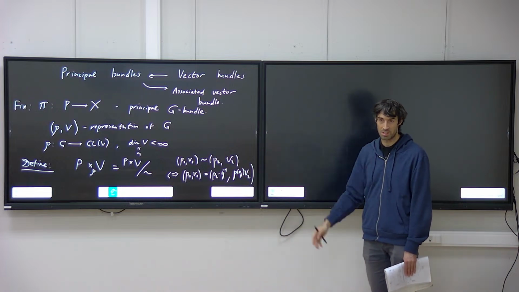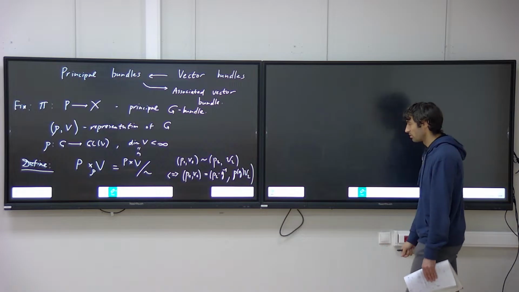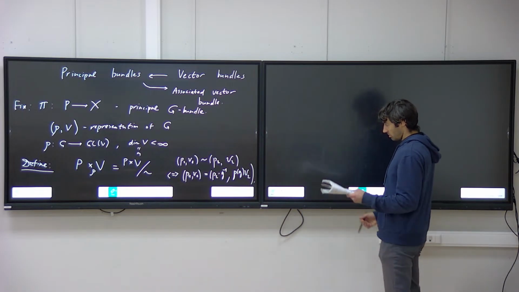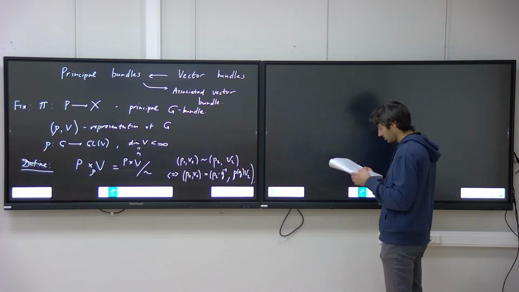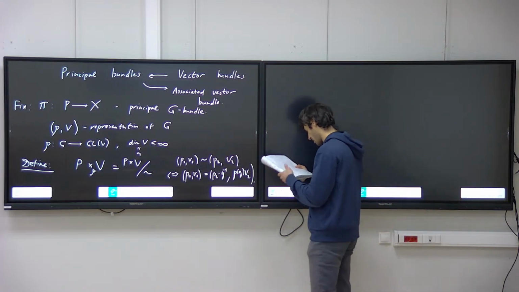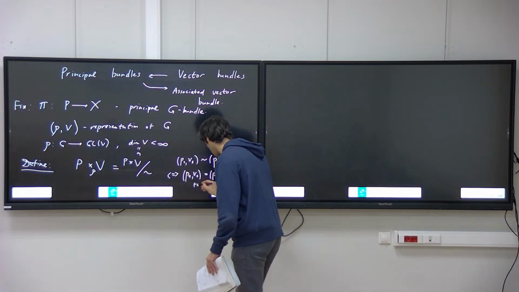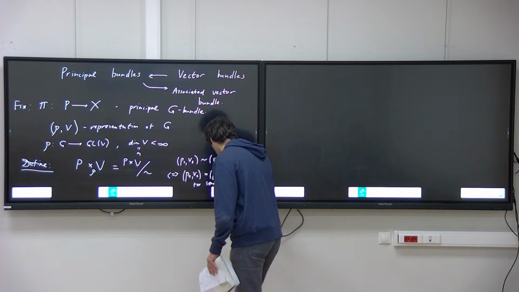So here it's the same idea, if you're familiar with such a construction. So you glue like this, for some g from the group.